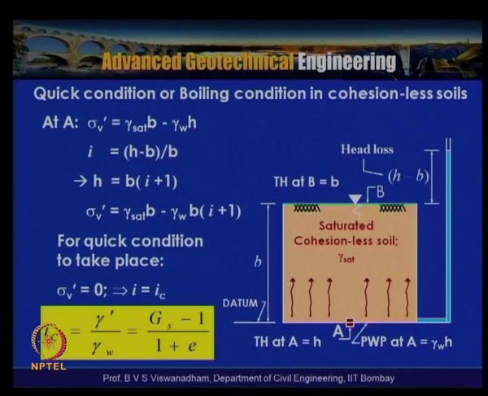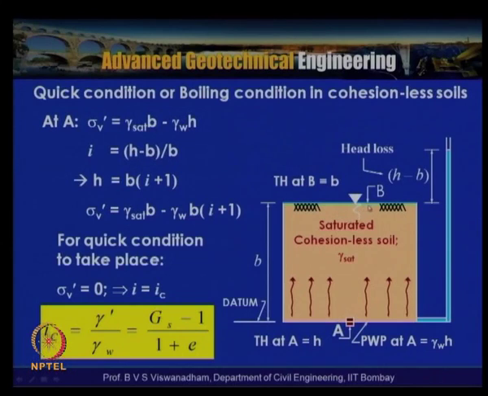Here we are defining in this slide a condition called quick condition or boiling condition in cohesionless soils. The situation shown here is that there is a point B and a point A, and point A is at the elevation of the datum. The total head at A is equal to H and the total head at B is equal to small b.